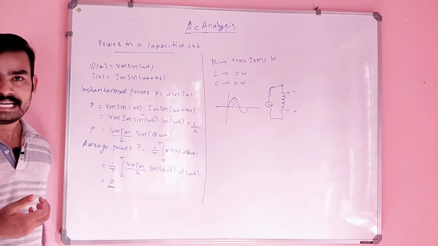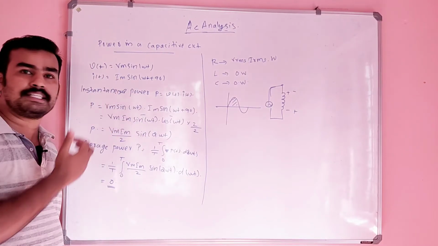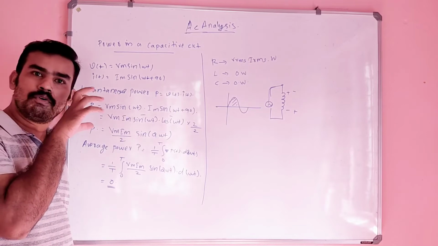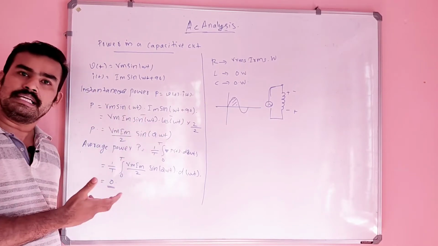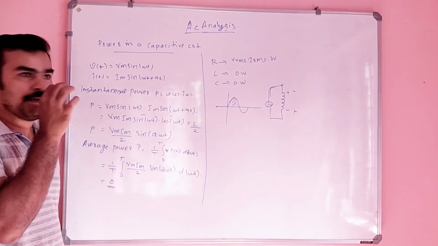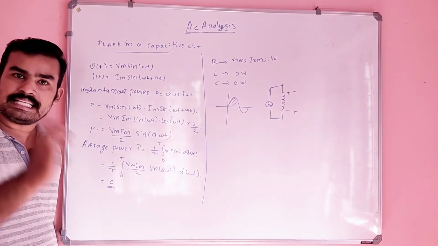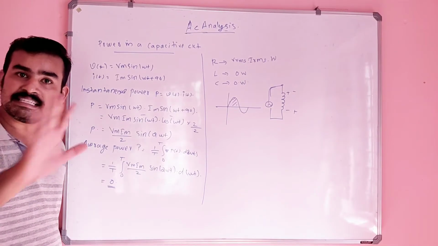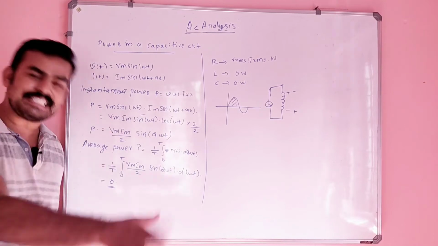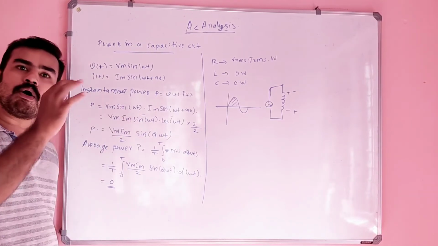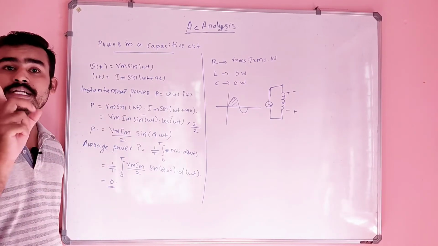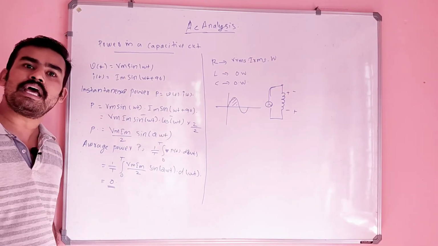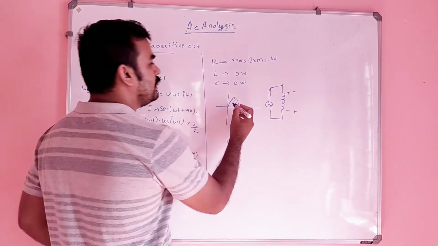In the same way, in the case of capacitor also, whenever we give alternating voltage to the capacitor, for an AC voltage or current, the capacitor doesn't charge. The capacitor will only charge for DC, not for AC, because continuously its polarity is varying.